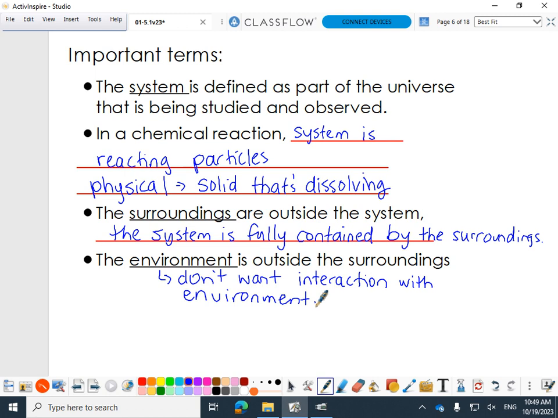We're not going to walk around with a thermometer in the classroom. Oh, the temperature is this here. Oh, it's this over here. Probably right now you can feel the air moving. If you're sitting underneath a vent, the temperature could be different than in the middle where there isn't any. So we want to minimize interaction with the environment.